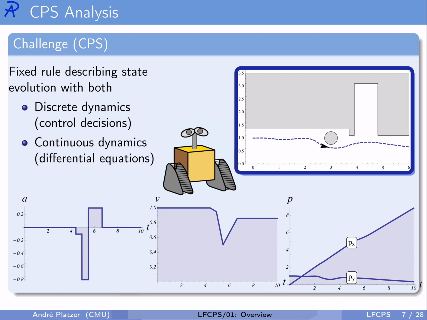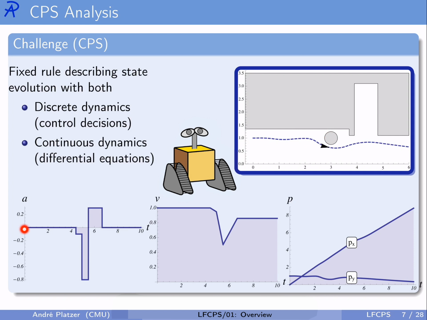And so if we're trying to understand the behavior of Wally, we quickly identify that Wally has two characteristically different types of dynamics. The one is the discrete dynamics, coming from decisions, such as, for example, when Wally is moving along here, at some point he might notice, oops, I'm going too fast because there's an obstacle right in front of me. Maybe I should decide to slow down.